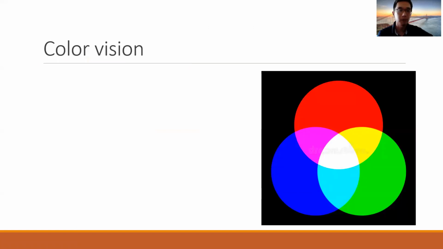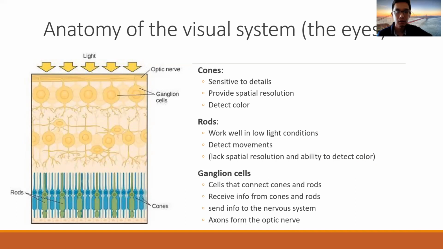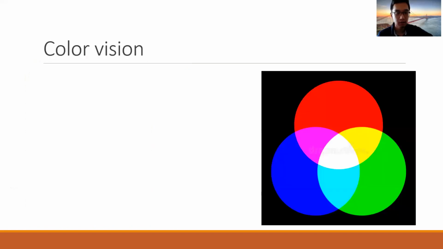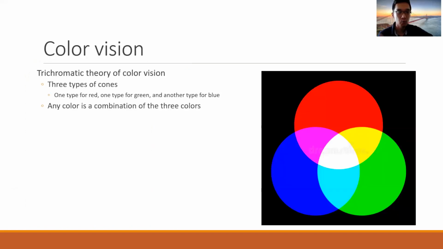And the next part is how we see colors. We just talked about how cones can detect color, but how exactly do cones detect color? There's one theory that explains why we see colors. It's called the trichromatic theory of color vision.